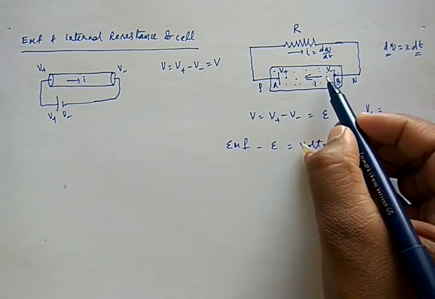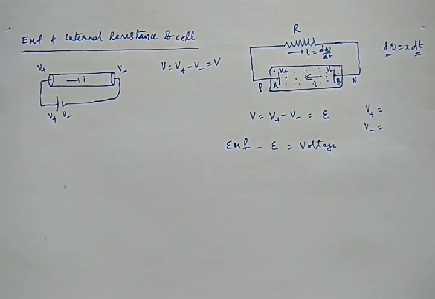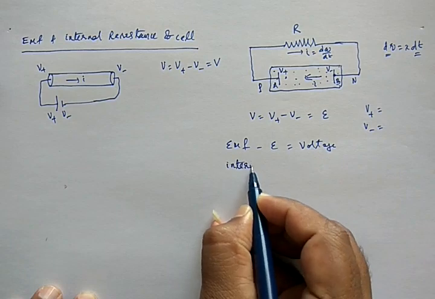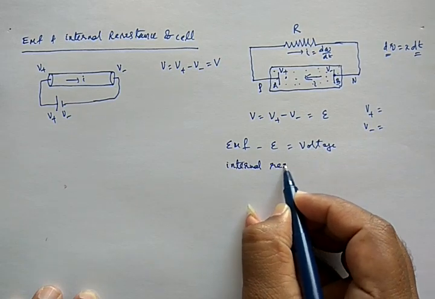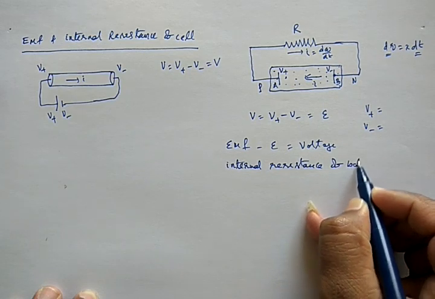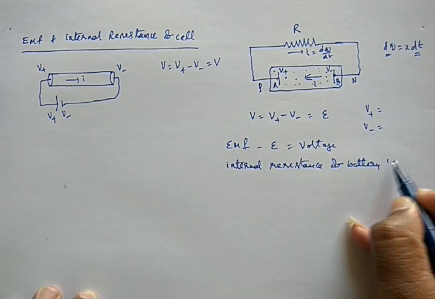When current is going through the battery material, the battery material itself will offer some resistance, and that resistance is called the internal resistance of the battery. You can denote that by a small r.